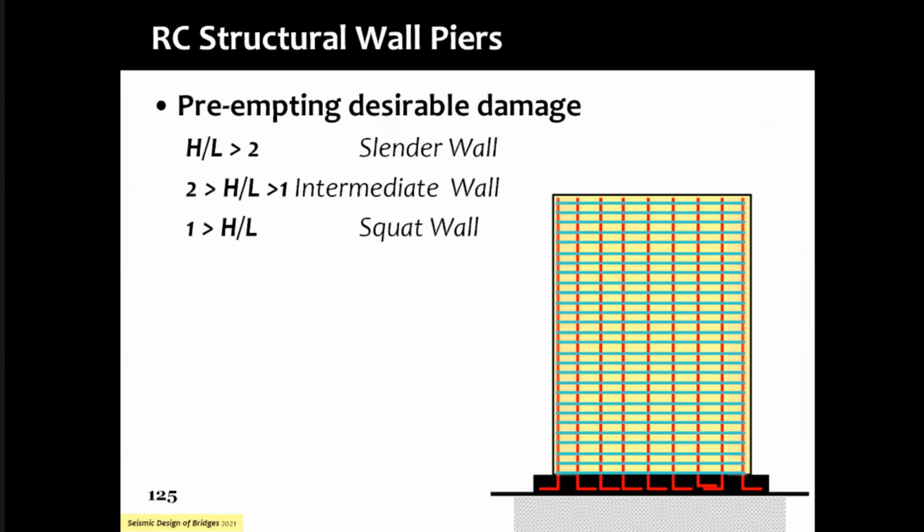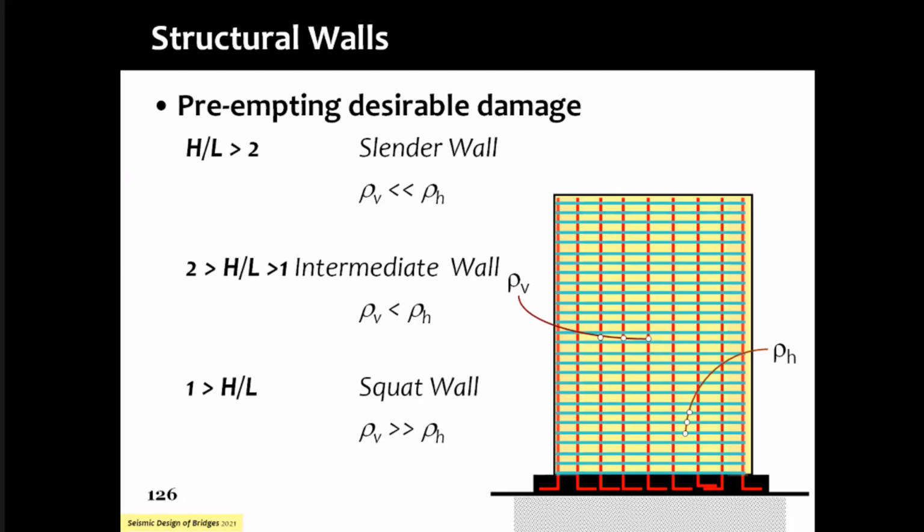So we started with this issue of wall aspect ratio, and it has to fail in shear. That is where the game is, that when you're talking about squat walls, how do you really make them fail in shear? The important part in squat walls is that the vertical reinforcement has to be larger than the horizontal reinforcement. This is the opposite of what will happen in a slender wall, where the vertical reinforcement has to be less than the horizontal reinforcement.